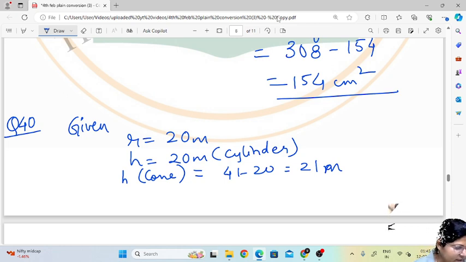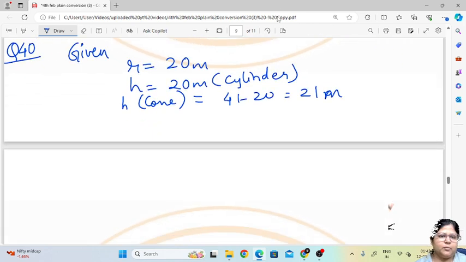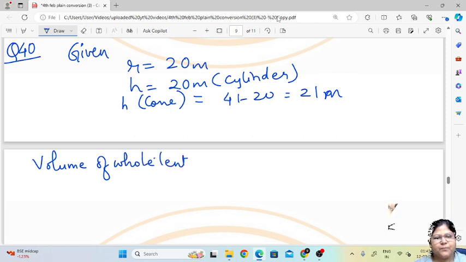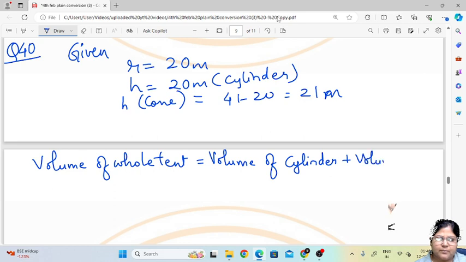Then find the total volume of the whole tent. So volume of whole tent equals volume of cylinder plus volume of cone.